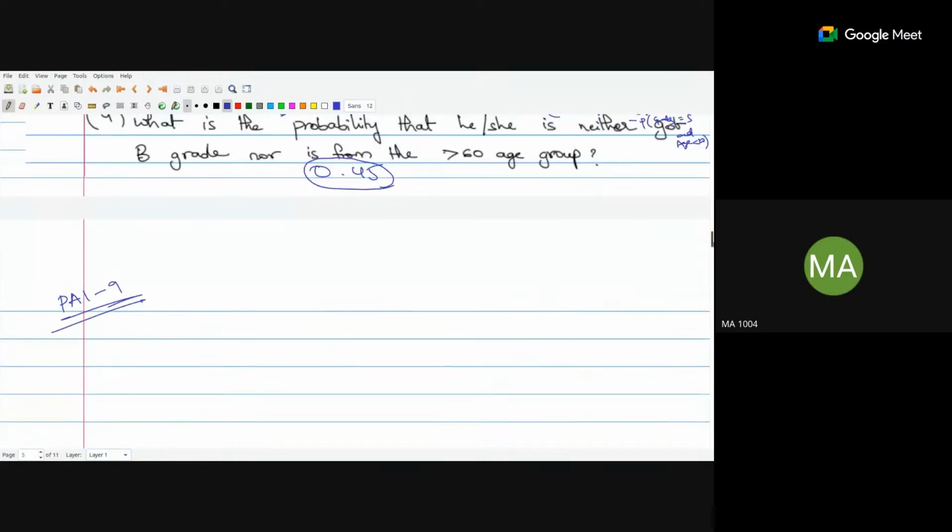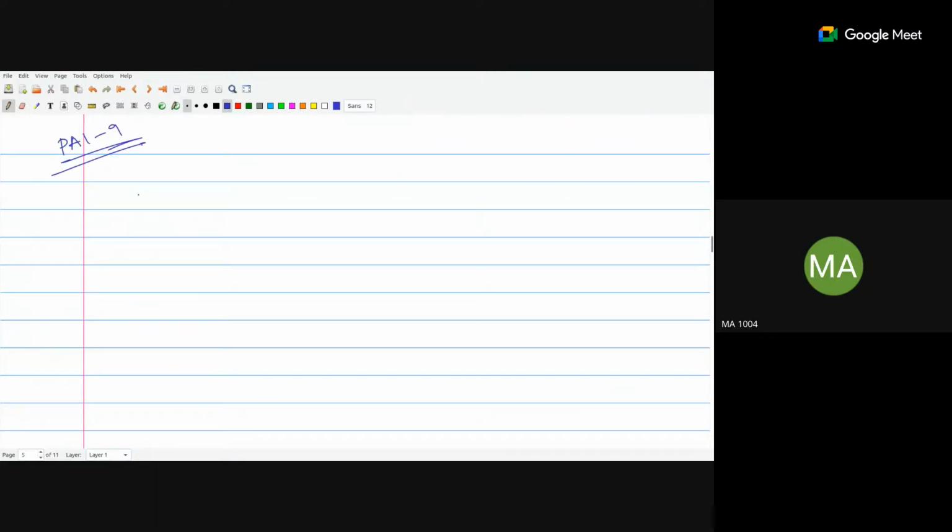So there is a coin toss experiment. Once the coin is tossed, it can give me either head or tail.